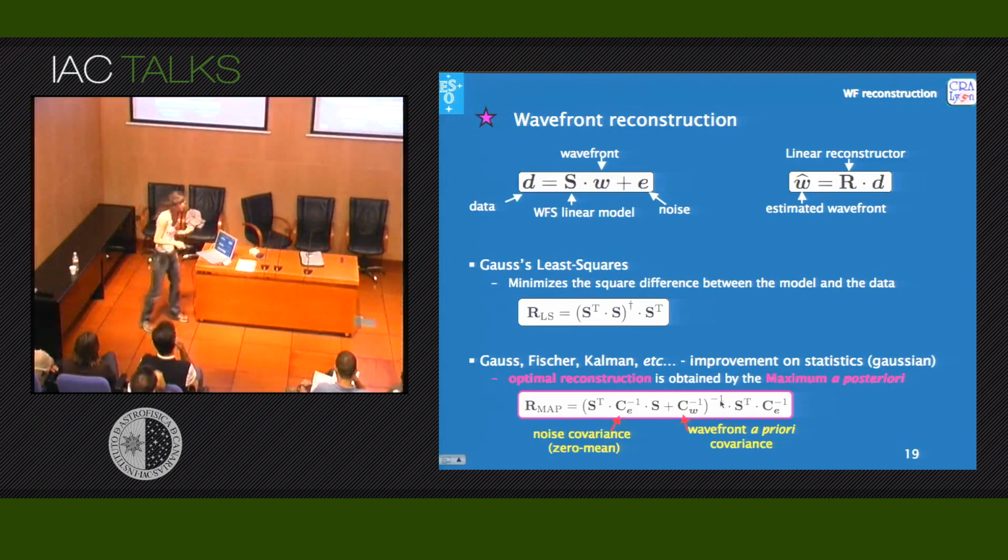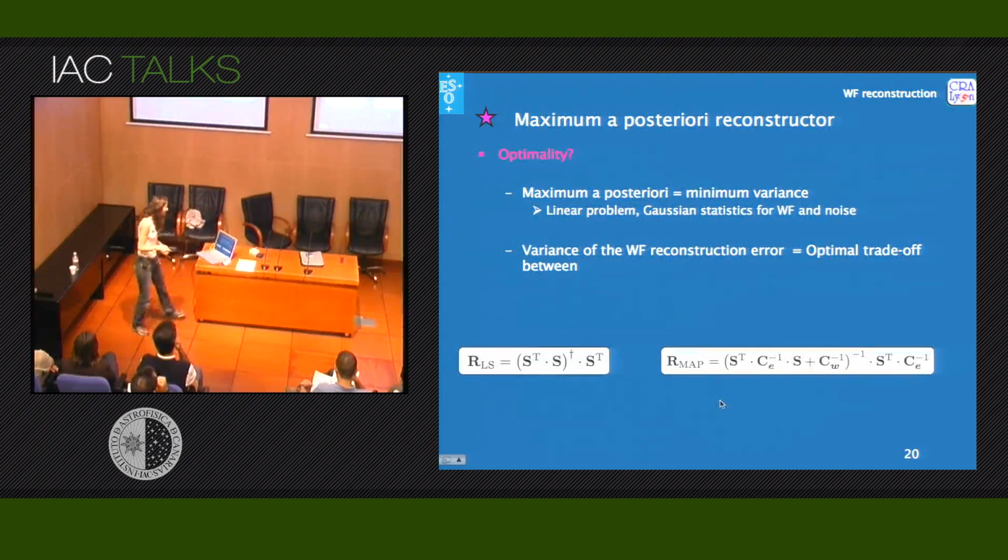It also provides you the optimal trade-off between a bias you will introduce in your reconstruction because of the regularization on the wavefront. This means that you will suppose that your wavefront perturbation parameters cannot be anything.